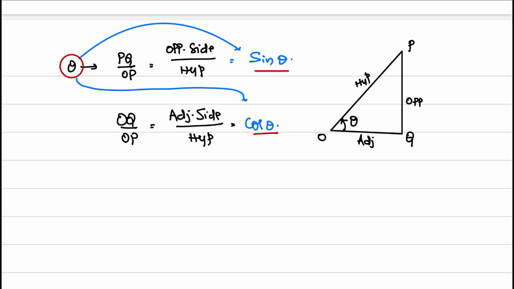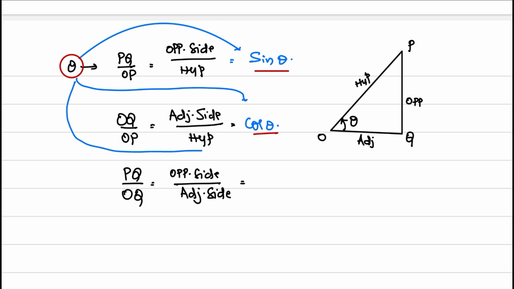Opposite side is PQ, adjacent side is OQ, so opposite side by adjacent side is equal to PQ by OQ. What name will we give? We name it tan theta.